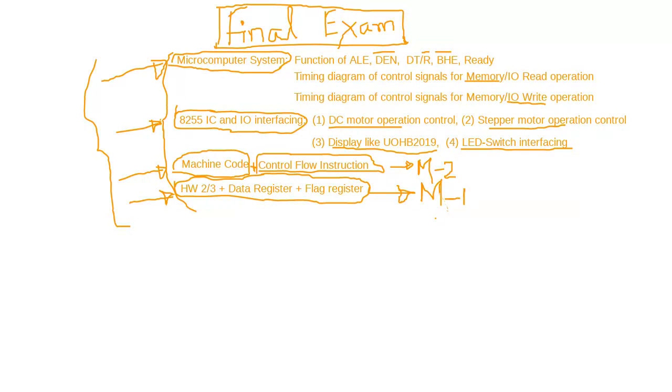Theory, guys, I already told you, all these things are theory. There is no math. Is there any math here? I do not understand what you mean by theory. Theory is like: define or write the function of ALE, DEN, data transfer receiver or bank high enable.